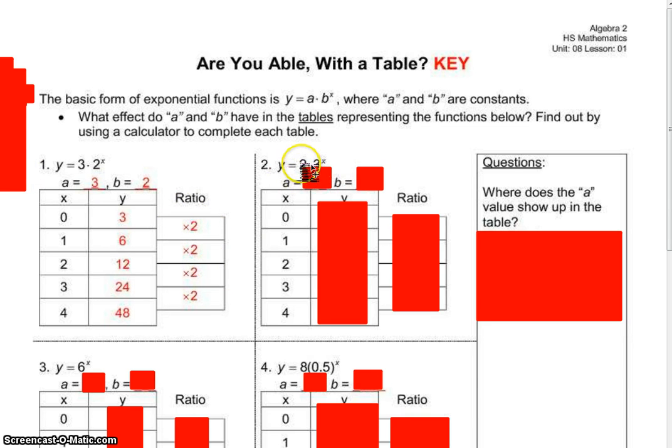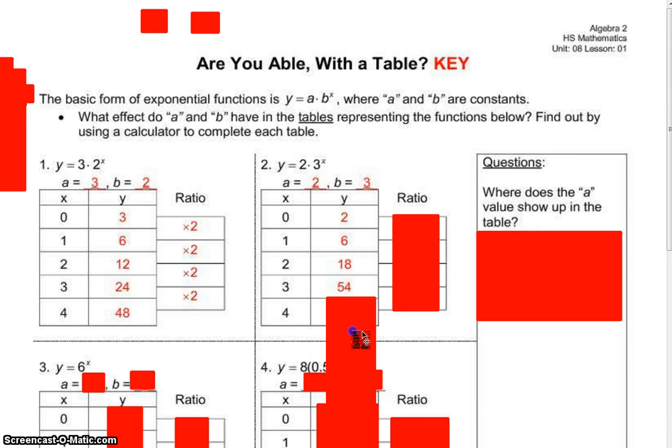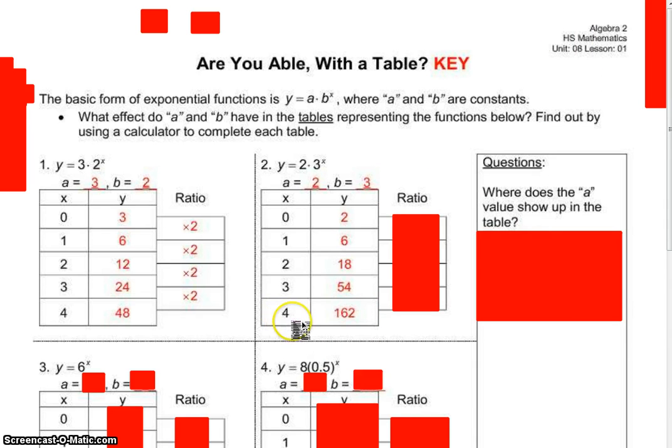If I had y equal 2 times 3 to the x, a is 2, b is 3. If I put that into my calculator at y equal and went to my table, I would discover that for x being 0, y is 2, 1, 6, 2, 18, 3, 54, and 4, 162. That's just coming from the table on your calculator.